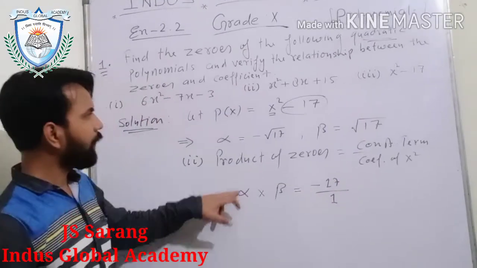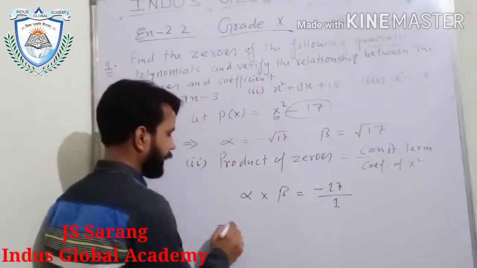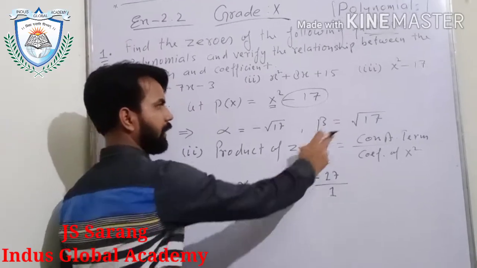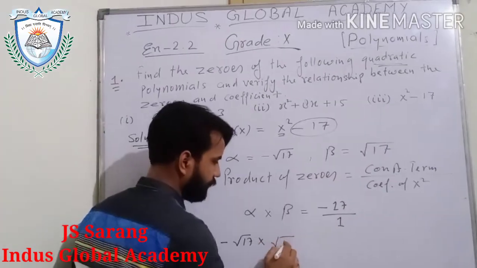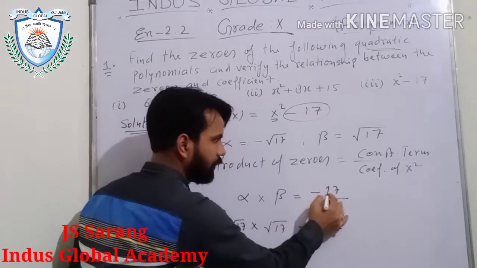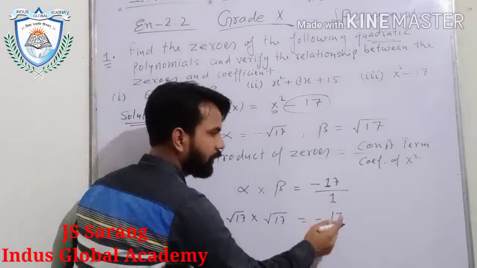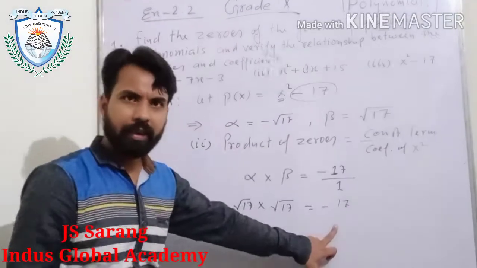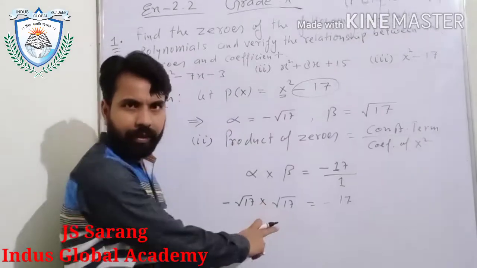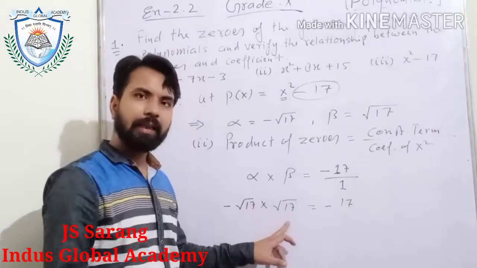The value of alpha is minus root 17 into the value of beta, positive root 17, is equal to minus 17 upon 1, which we can simply write as minus 17. Under root 17 into under root 17 is under root 17 square.